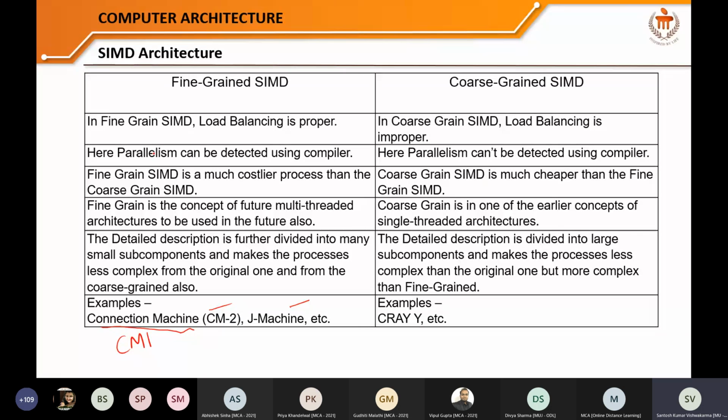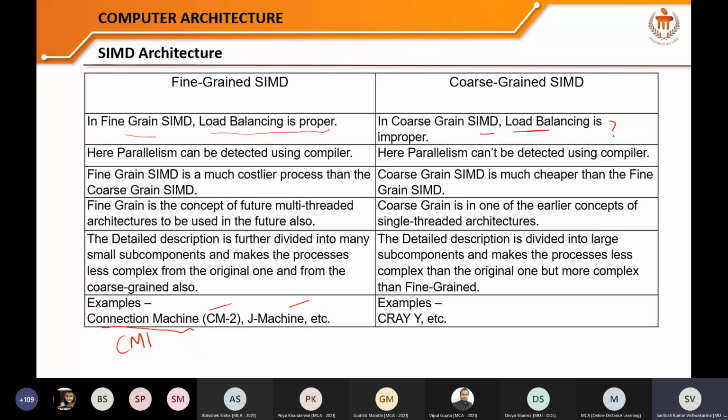Now let us complete this. In fine grained, load balancing is proper, because that kind of control mechanism is implemented in terms of hardware structure and software structure also. In coarse grain SIMD, load balancing has always been an issue.